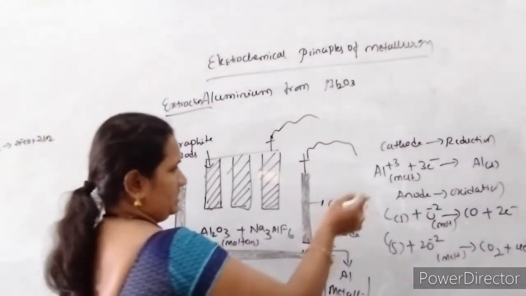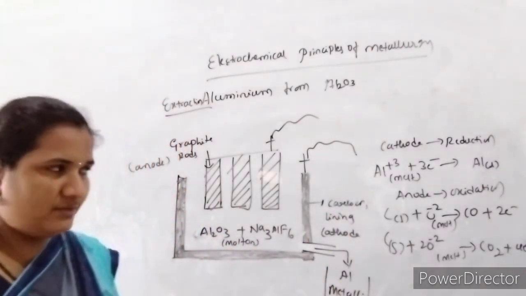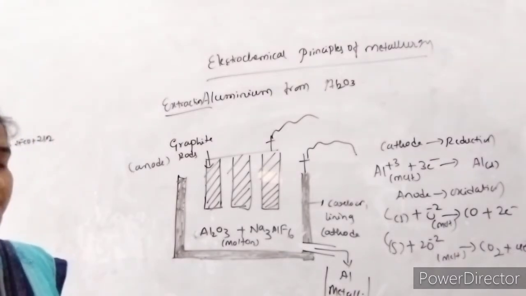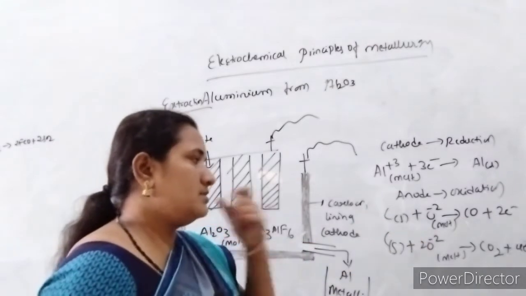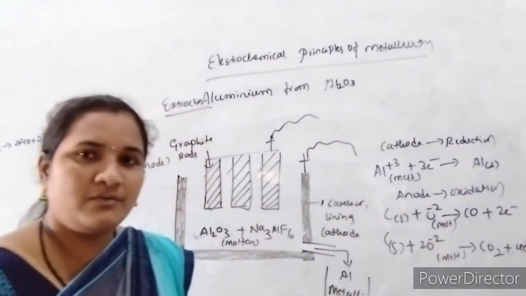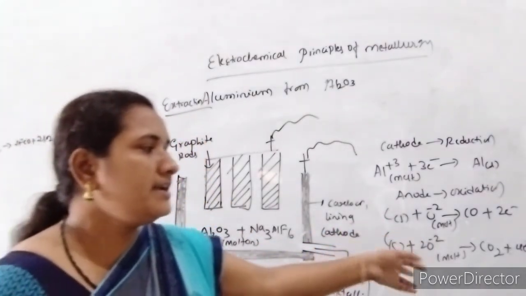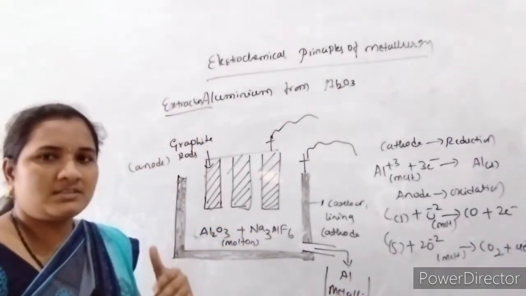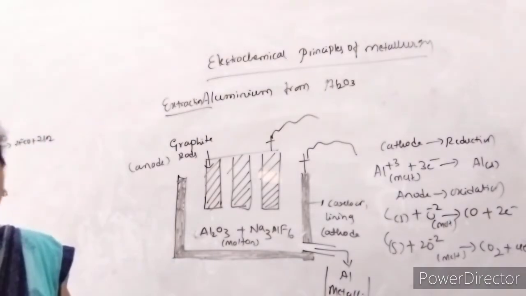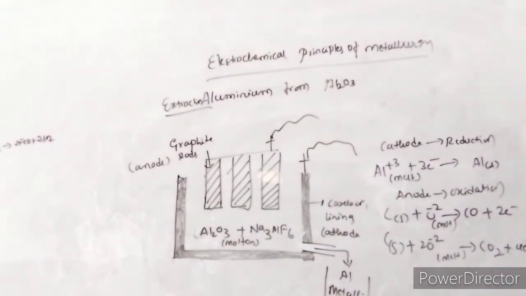Those electrons are accepted by the aluminium, and then they form metallic aluminium. After that, we get the melt oxygen, which reacts with carbon and forms either carbon monoxide or carbon dioxide. Both are gases. In this way, the evolution of carbon monoxide and carbon dioxide takes place.